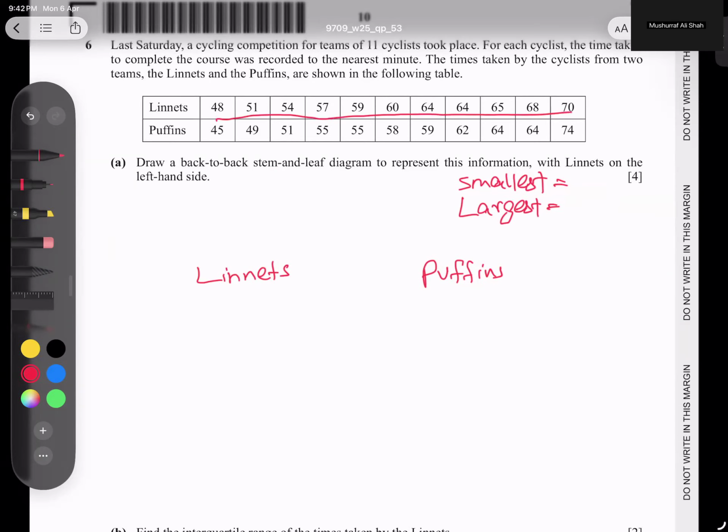Yes, in order, and the lower values are also in order. Then the smallest value is 45 and the highest value is 74. Leaving one digit from the right side always, the stems start from 4 till 7. So we have to make 4, 5, 6, and 7.